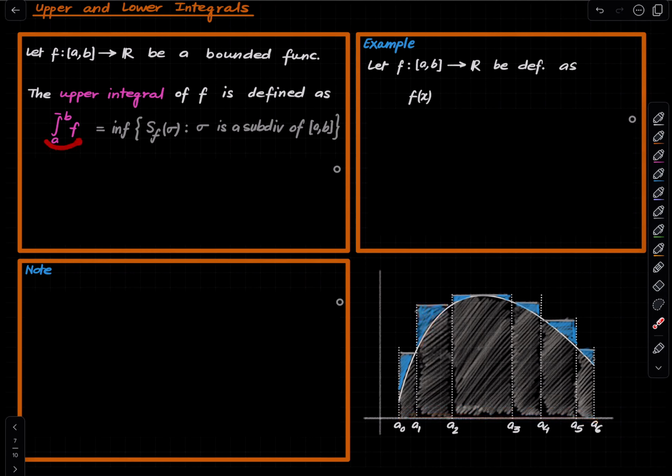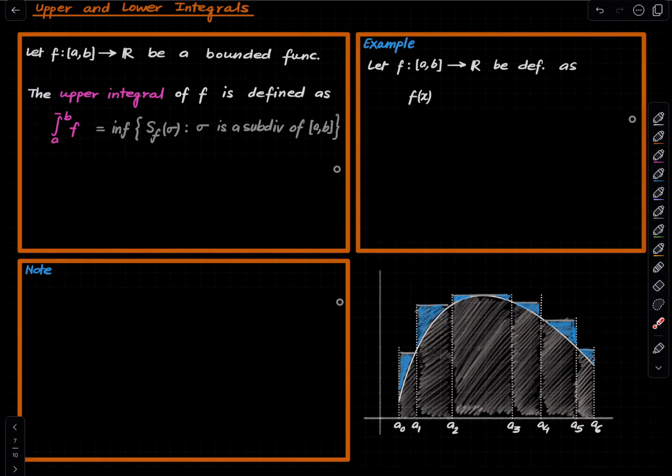And this number is the best overestimate that you can do, in the sense that amongst all possible overestimates, it is the smallest. Now this is an infimum, so it's not necessarily attained. But this is the best you can do to approximate the area under the curve using upper sums. So the definition is intuitively well motivated, is all that I'm trying to say.